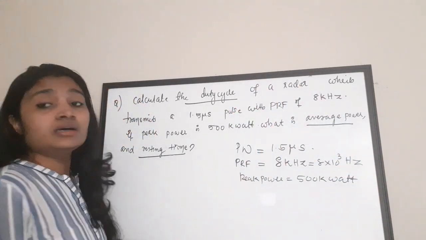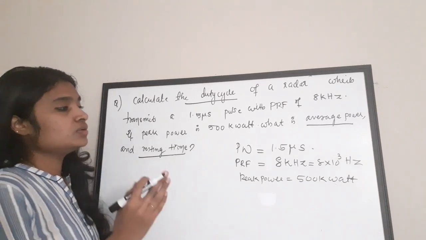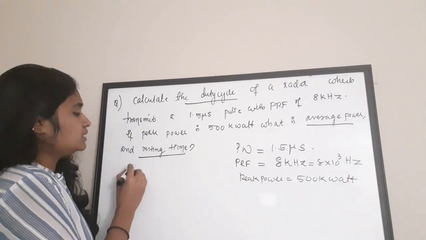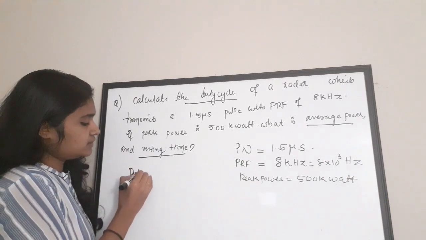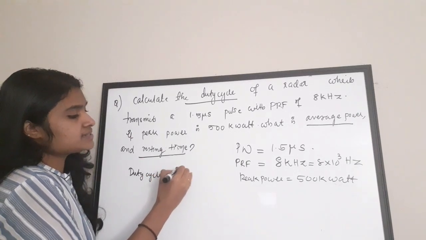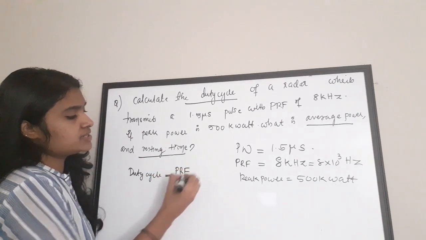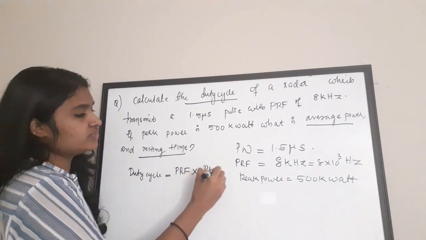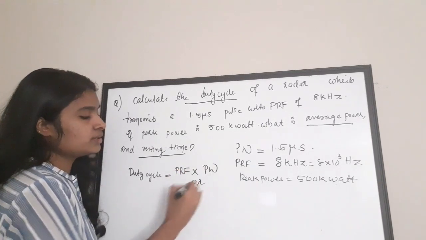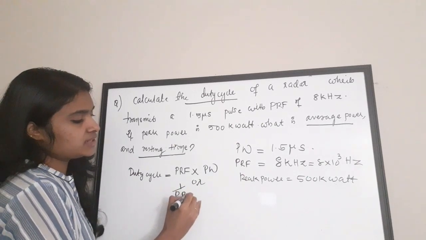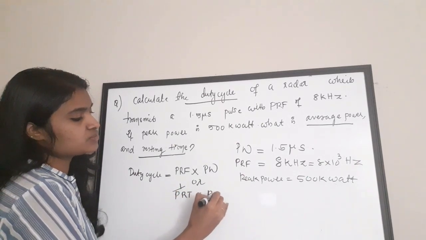First, we need to find the duty cycle. So, the equation to find the duty cycle is: duty cycle is equal to pulse repetition frequency, PRF, into pulse width, or 1 by pulse repetition time into pulse width.